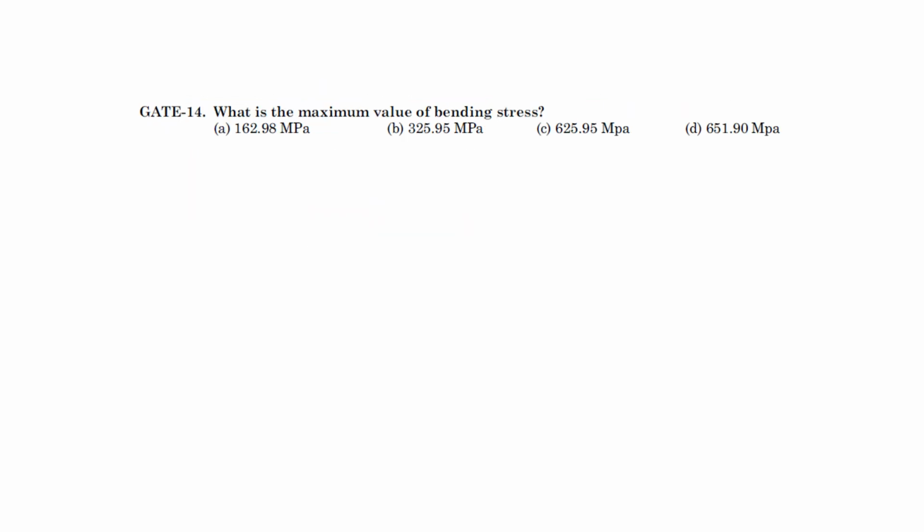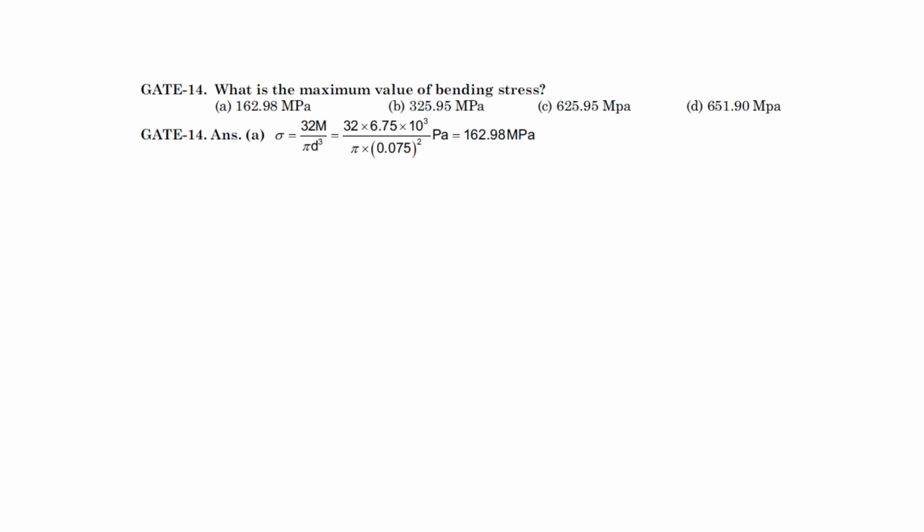Next question, obviously maximum bending stress. In the previous question they asked the deflection, but here they are asking bending stress. So we have to calculate the bending moment also. We have already calculated it in the previous question, so we use that value here. The bending stress is 32 M by pi d cube.